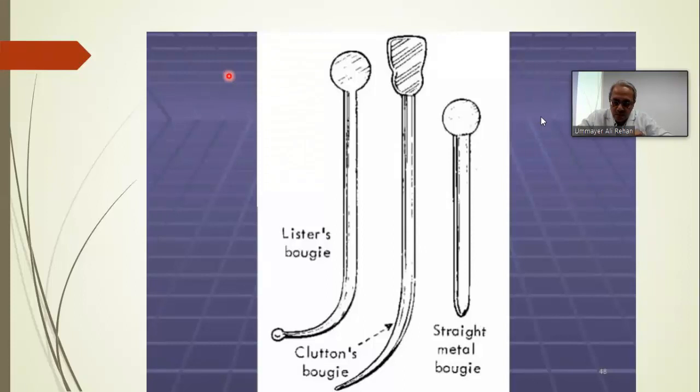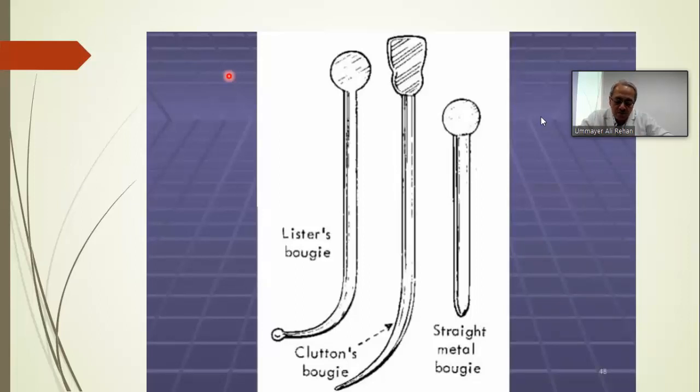This is the actual teaching. Whenever you want to put in a catheter and your mind says that the person's anatomy tells me he needs a catheter of 18 French, try to give him the possibility of passing 16 French. You always go down 2 French sizes. If you think your patient needs a 14 French catheter, always give him a 12 French catheter.